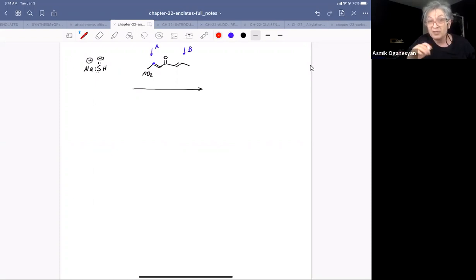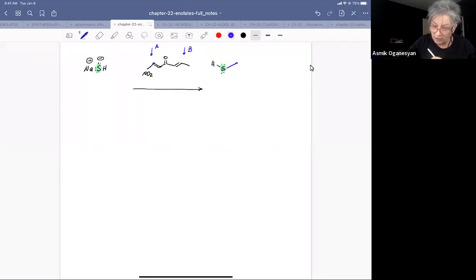And again, let's see if we can predict the product of this reaction without running the mechanism. My nucleophile is the sulfide, so after the reaction is completed, we're going to have a thiol on one side. Let's extend the bond towards our electrophilic position. Here is your nucleophilic position, and let's move on.